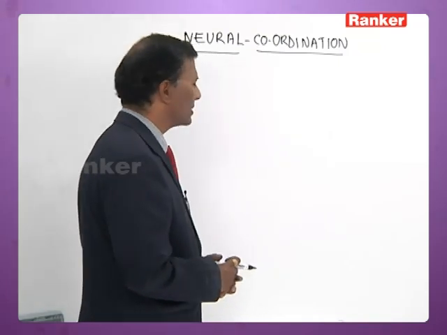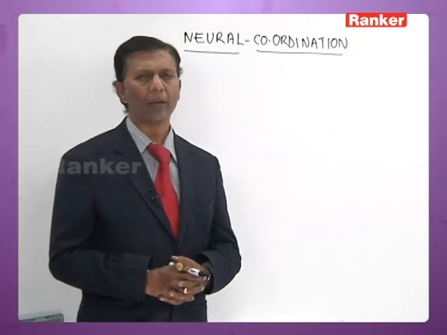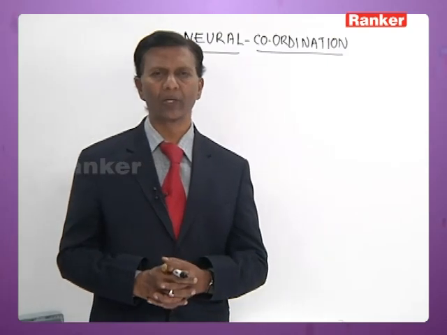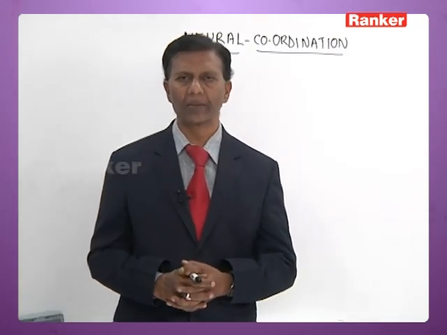Then now we'll talk about autonomic nervous system, which consists of both sympathetic and parasympathetic systems.